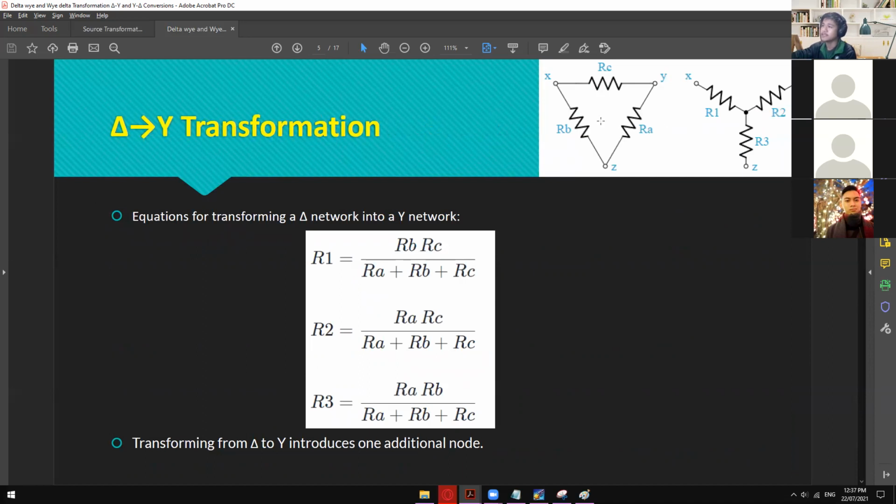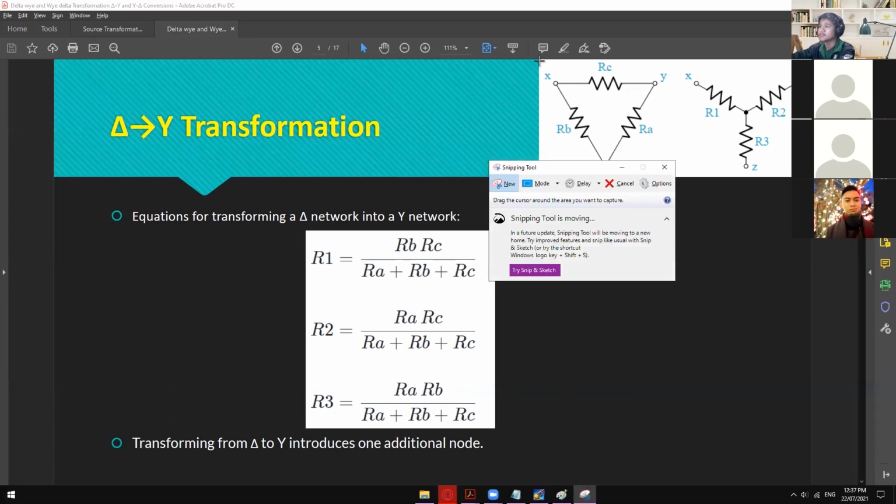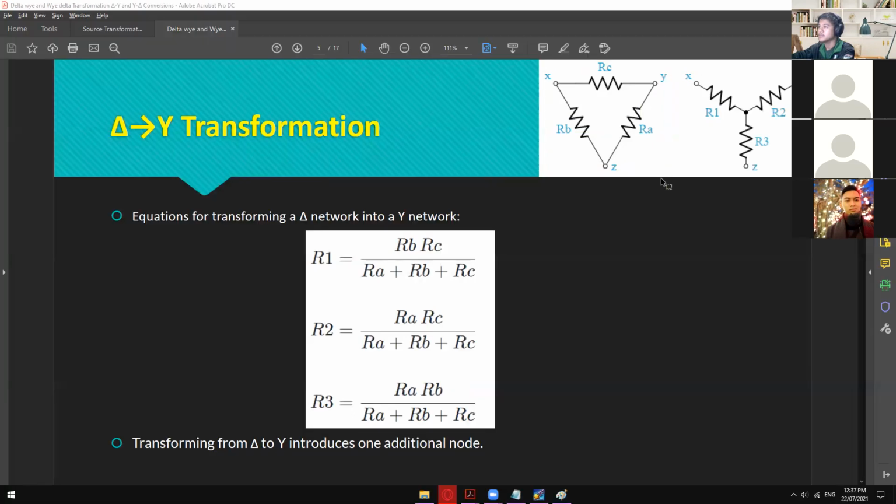So when it comes to label, we have this default labeling. Do not change this one to avoid confusion when it comes to your solution. So RA is on the bottom right, and then RB is on the bottom left, and then RC is on the top. And then when it comes to X, Y, and Z, ang i-memorize nyo na lang, isa lang.